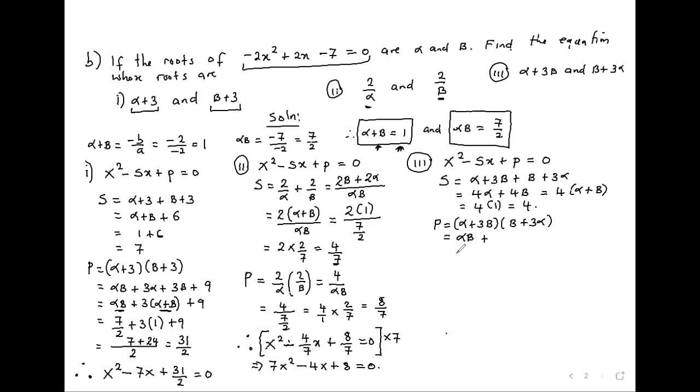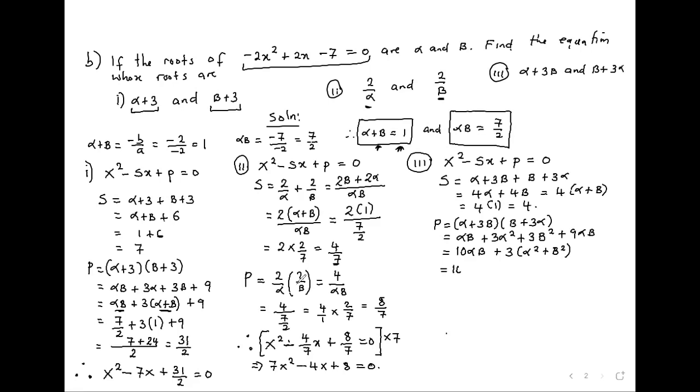Alpha times 3 alpha, 3 alpha squared. 3 beta times beta, 3 beta squared. 3 beta times 3 alpha, 9 alpha beta. Alpha beta plus 9 alpha beta, we get 10 alpha beta plus 3 alpha squared plus beta squared.